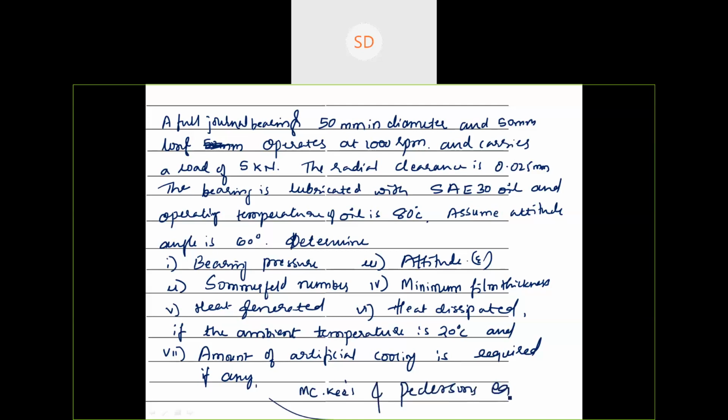Now the difference between the earlier problem and this problem is that here they have given all data. No need to go for assuming any data here. Based on those data, you need to calculate. So let us note the given data first.